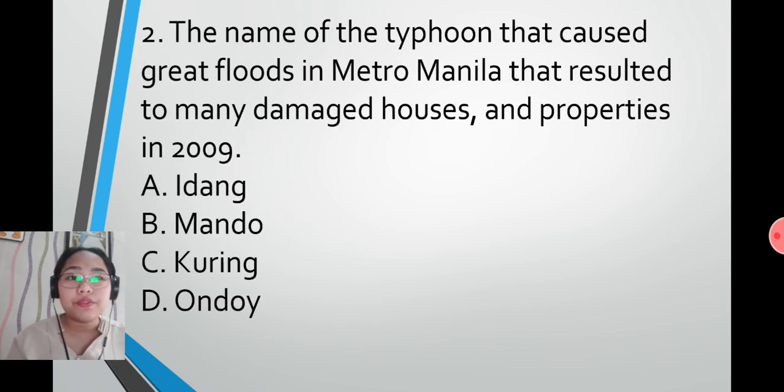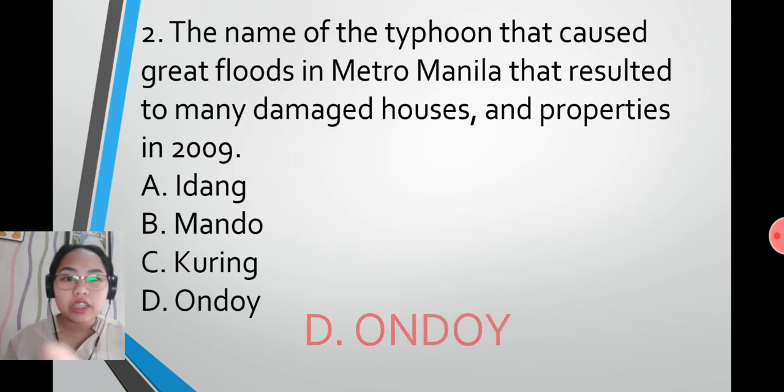Next, number 2. The name of the typhoon that caused great floods in Metro Manila that resulted in many damaged houses and properties in 2009. Is it A, Idang, B, Mando, C, Kuring, or D, Ondoy? So which do you think? Very good. The answer is D, Ondoy.